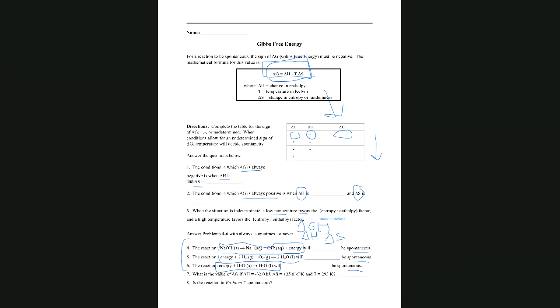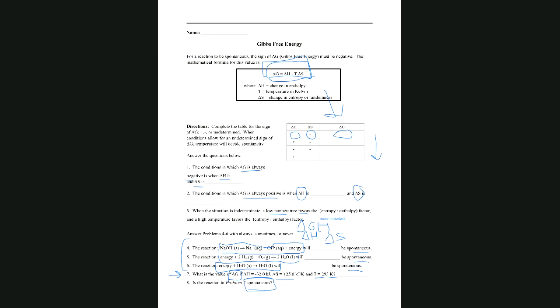But then when you get to number 7, what is the value of the Gibbs free energy if the enthalpy is negative 32 kilojoules, and the entropy is negative 25 kilojoules per Kelvin, and the temperature is 293 Kelvin? So that is going to give you an actual number. And then based on that number, you're going to say, is it spontaneous or not?